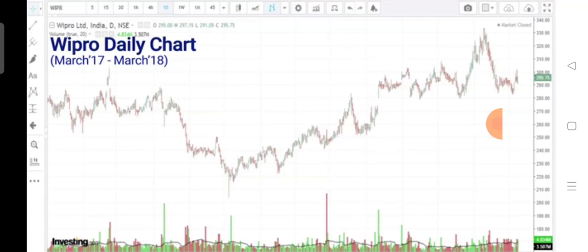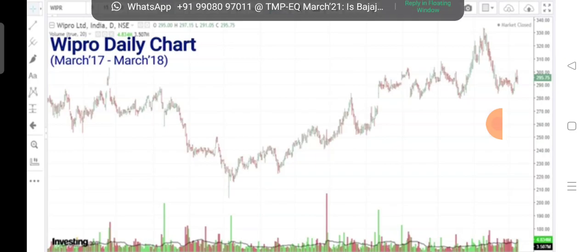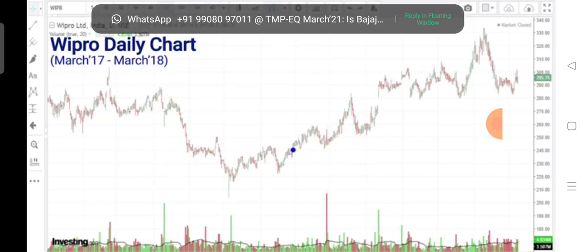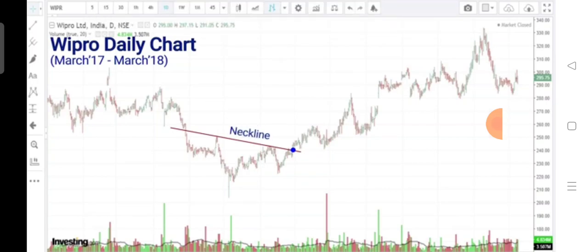Now let us look at another example. Here we are looking at the Wipro chart. Wipro has also shown an inverse head and shoulder, and as we could see, once there was a breakout, there was again a pullback towards the neckline, and then the prices actually moved much higher.